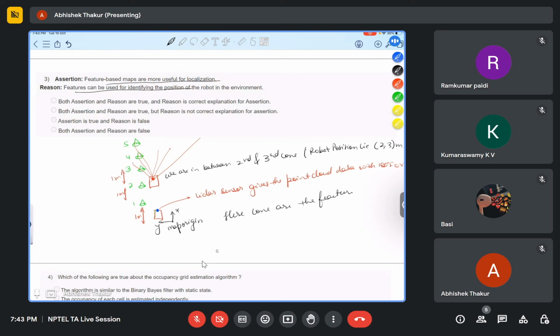Yes, this statement is also correct, because we have seen in an example how a cone helps to identify the position of the robot. So both statements are true, and the reason is correctly explained for the assertion. So the correct option is option A.